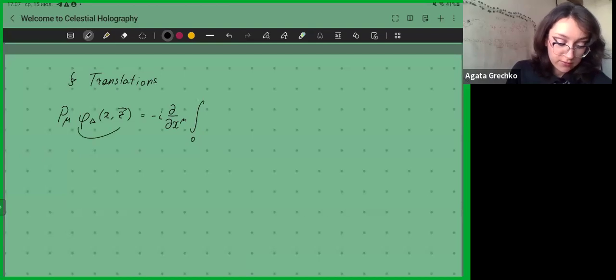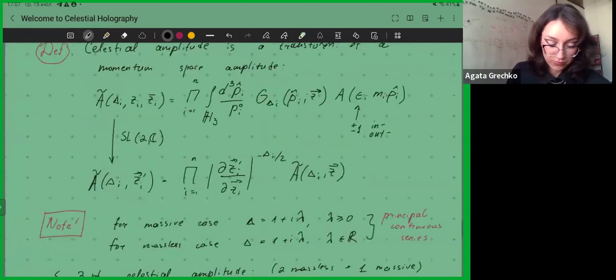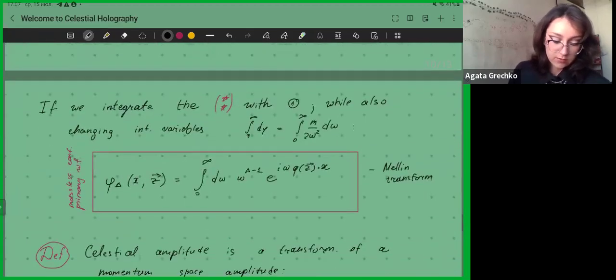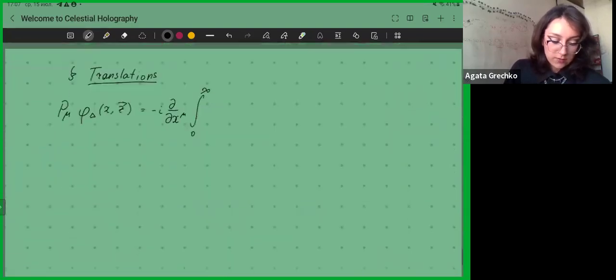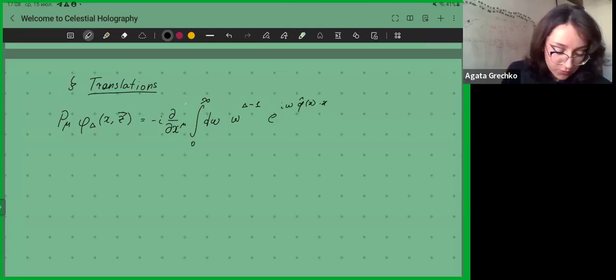So the massless conformal primary wave function was given, as we remember, by the integral transform called the Mellin transform. It is the integral of d omega times omega to the power delta minus 1, and then we have our normal plane wave, e to the i omega q(z) dot x. Now what we do is act with the generator. The only place where it could act is the plane wave.